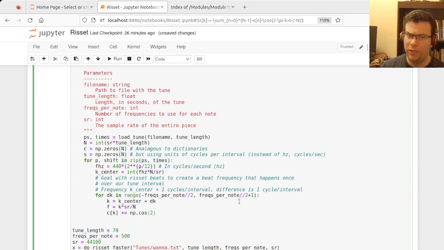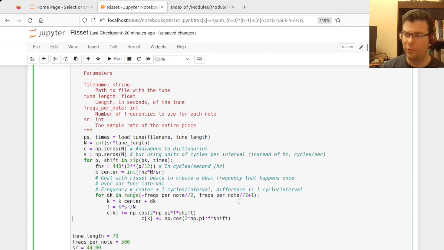So I'm going to accumulate, this is exactly like what you did in the assignment when you had a dictionary. If C was a dictionary here, and K was the frequency in hertz, this is looking exactly the same, but remember, it's 2 times pi times the frequency times the time shift, right? That's what I'm accumulating into this array. And then I do a very similar thing for the sine component.